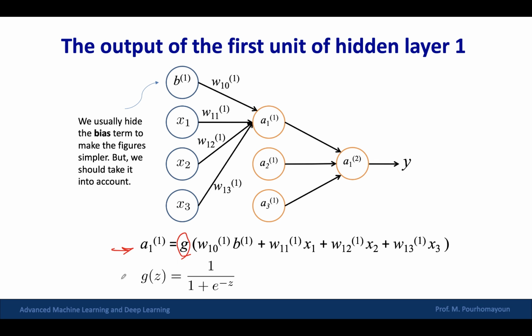This is the function only for this guy, the output of this point right here. We have the same thing, a21 here and a31 here, and these are the inputs of this one. So we usually hide the bias term to make the picture, the structure simpler, but we should take it into account. So remember that we have it anyway.